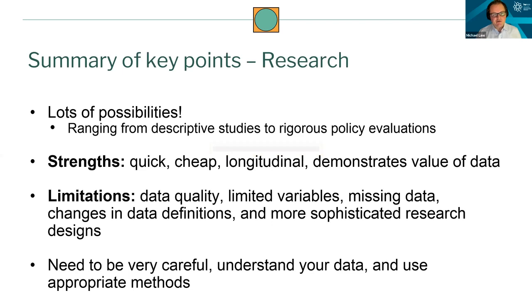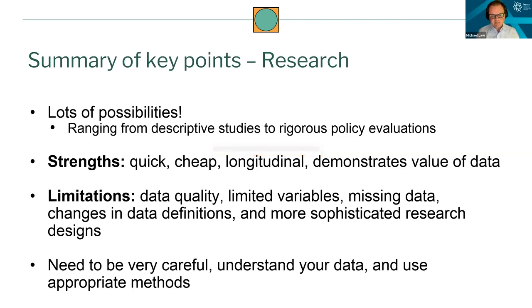They're longitudinal, so you can look back in time and look at the effect of a policy on an outcome over many, many years in some cases for the RHISs that have been in place for a long time. And I think the other strength here is that they also demonstrate the value of the data. A lot of money and resources goes into the collection of these data sets, and being able to show the impact of programs with that data really does demonstrate the value of collecting that data for policymakers and decision makers.